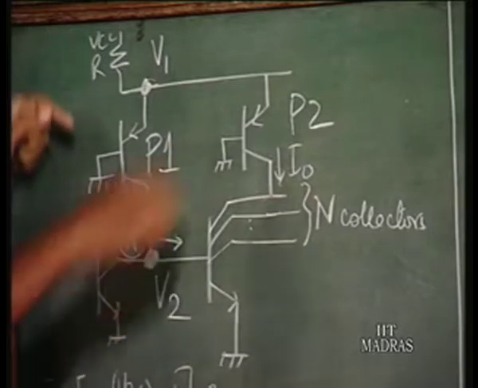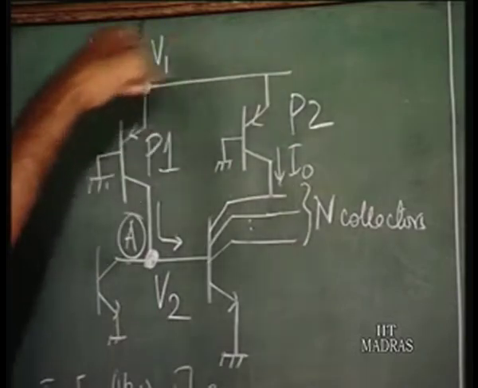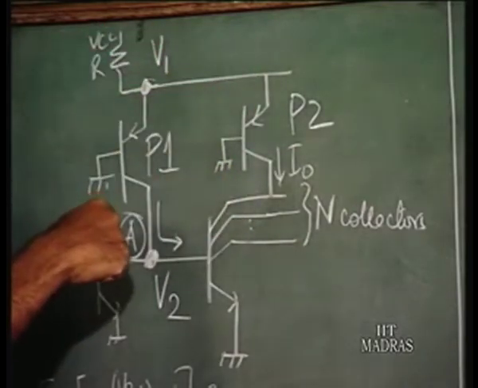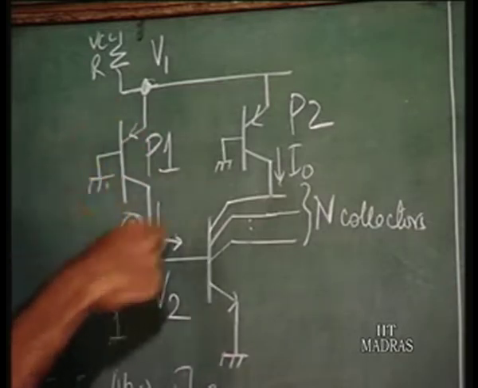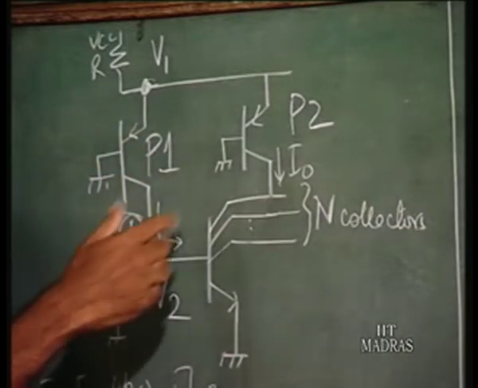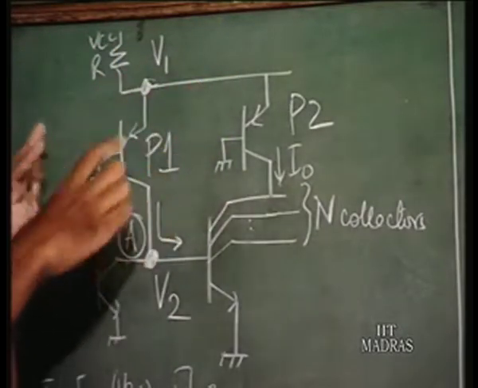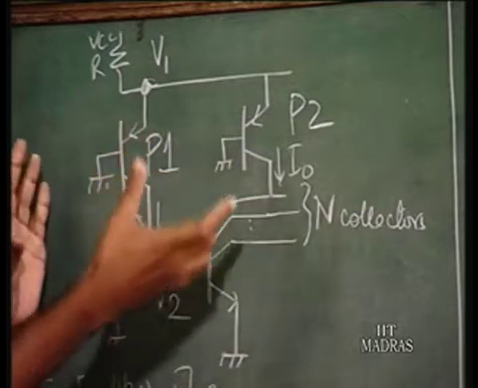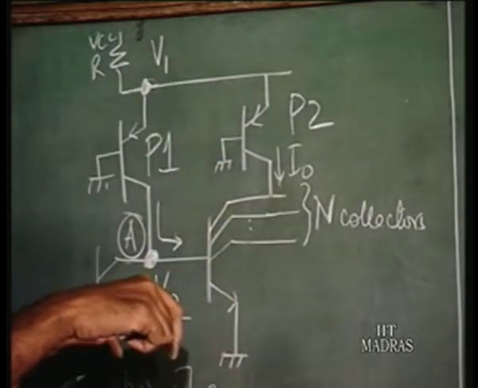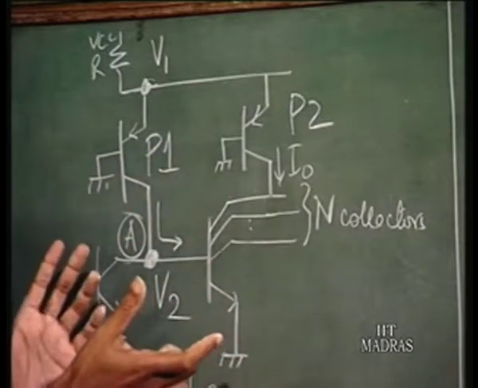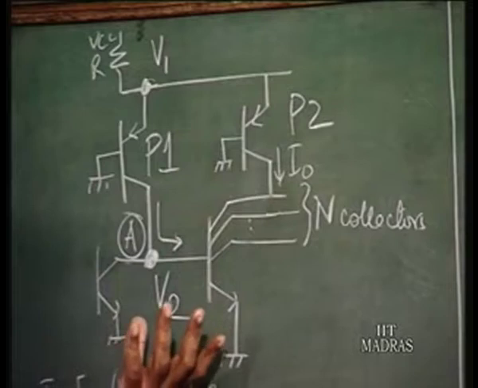Because from the same point you are having 2 PNP transistors here, because of this configuration and the condition of these transistors, normally if both transistors were identically biased, you would have equal currents, and this transistor would go to saturation if the beta is greater than 1.